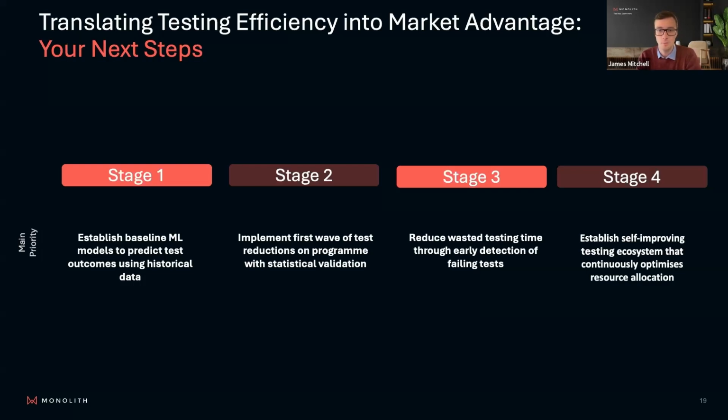But what we'll then do is work with you in a fourth stage to establish this within your test lab, so that it's a well-defined, rigorous process that continually optimizes and is deployable by your teams. So one of the key takeaways is we work very closely with you throughout this process to help guide and deliver good value and good results.